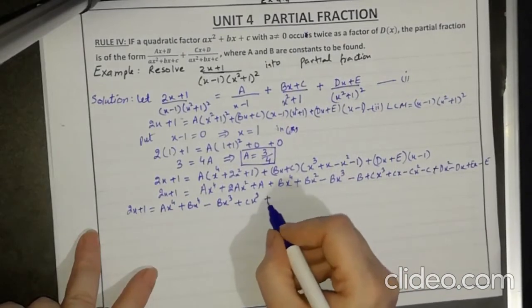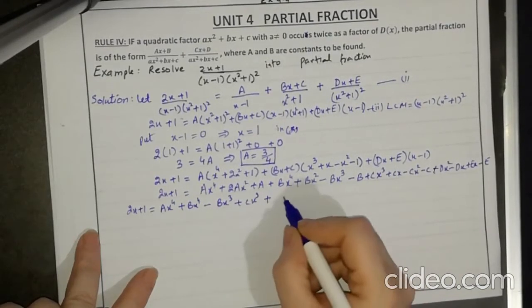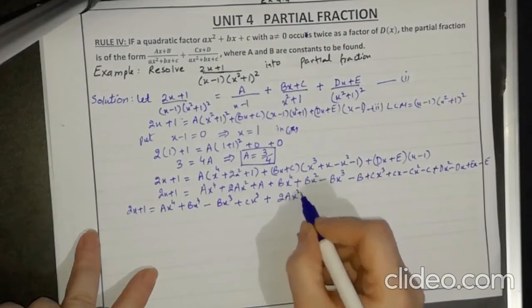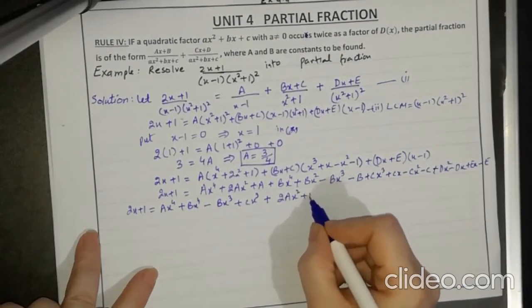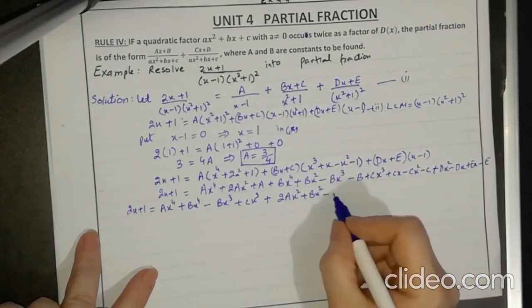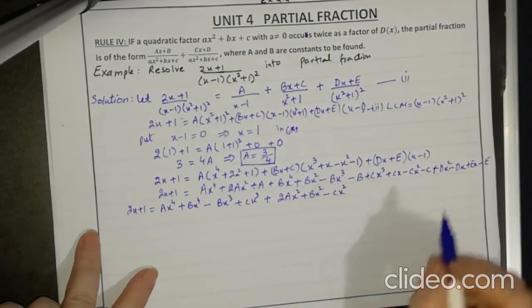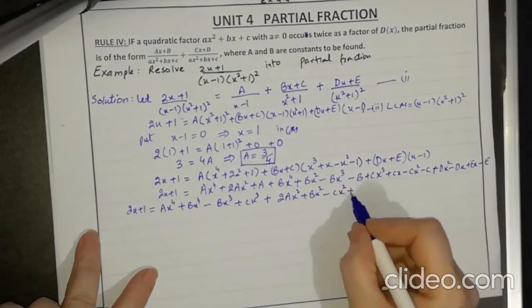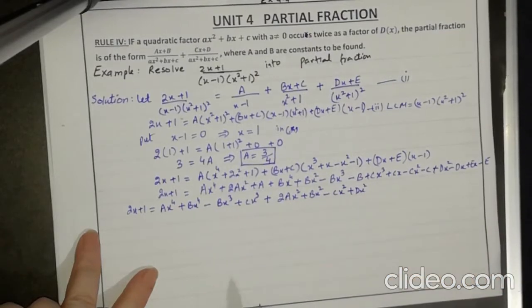Now I am combining the terms of x square. We have 2ax square plus bx square, and here is minus cx square, and we have dx square.